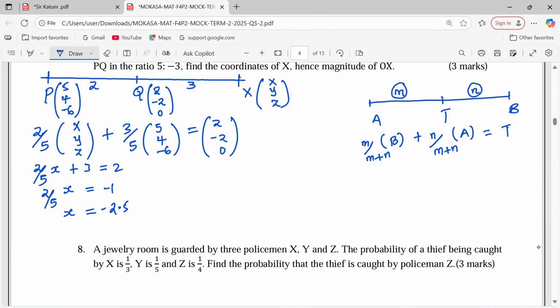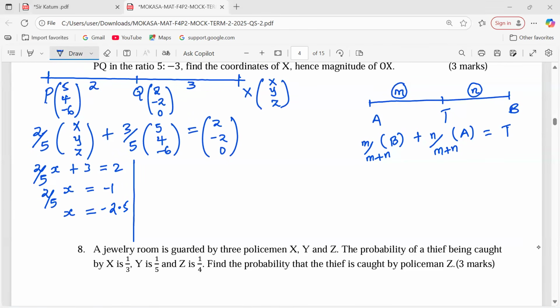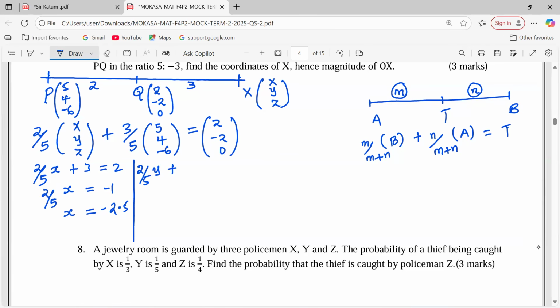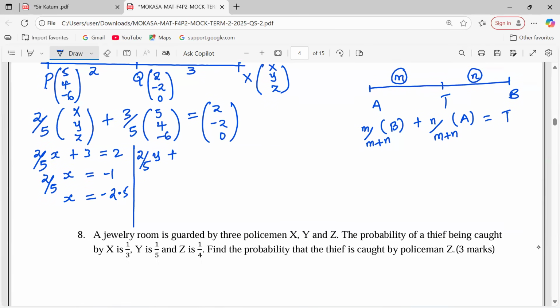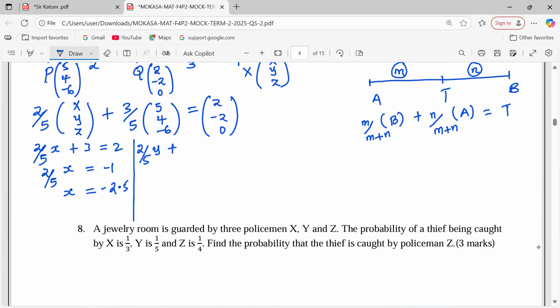We proceed to the y components. To the y component, we'll be talking about 2 over 5 the value of y, plus 3 over 5 should multiply 4. That means 12 over 5. And this is equal to -2.